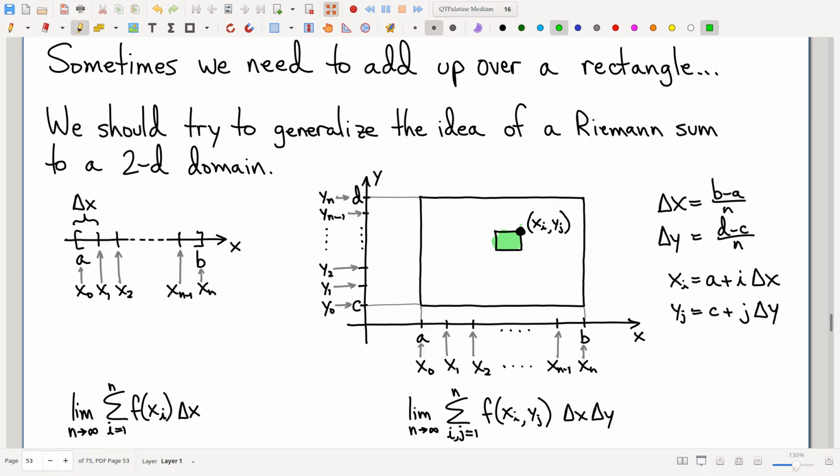Well, I'm going to compute that as mass per unit area times area. The area is the width times the height. The width is just delta x. The height, length, whatever you want to call it, is going to be an analogous thing in terms of y, delta y.